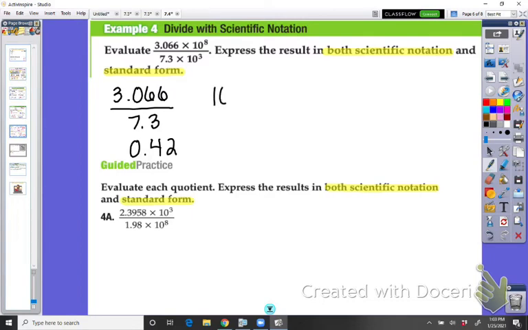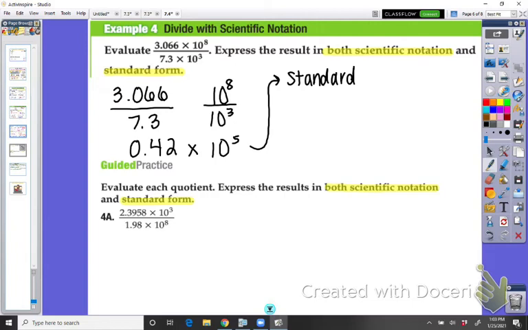Our powers of 10 are being divided, so we subtract the exponents and get 10 to the 5th. I'm going to write that in standard form first. A positive 5 exponent means go to the right. 5 swoops. So 1, 2, and then 3 more zeros. So 42,000 is standard.